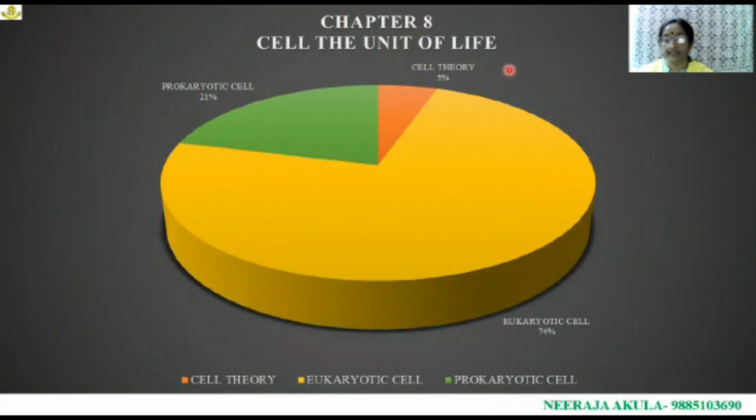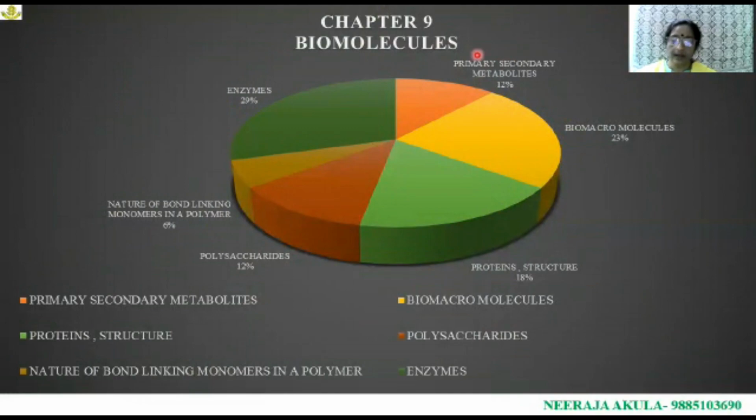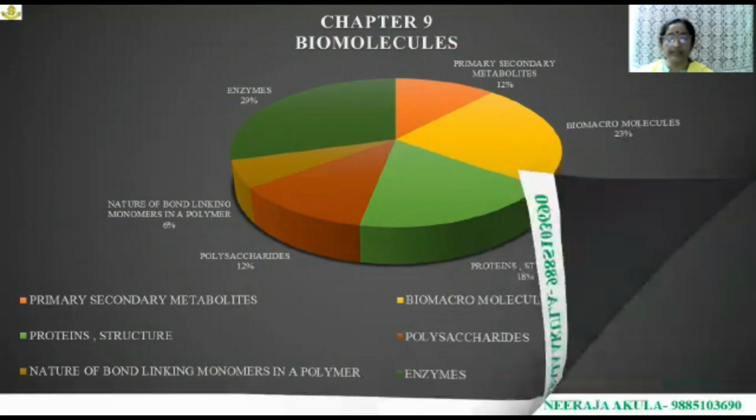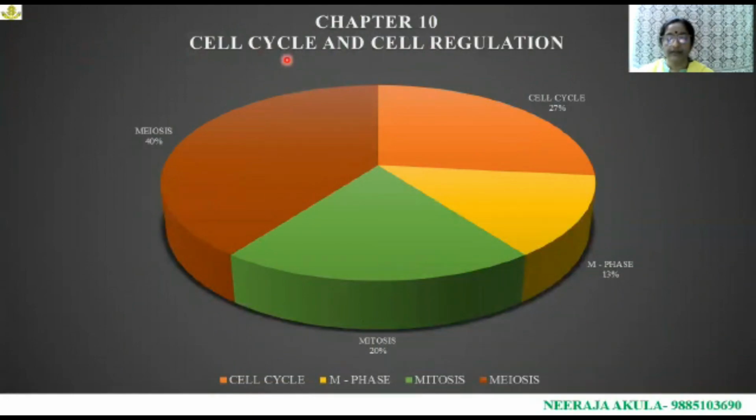Maximum number of bits came from eukaryotic cell. Chapter 9, Biomolecules. Maximum number of bits came from the topic enzymes. Chapter 10, Cell Cycle and Cell Division, where more bits came from the meiosis topic.